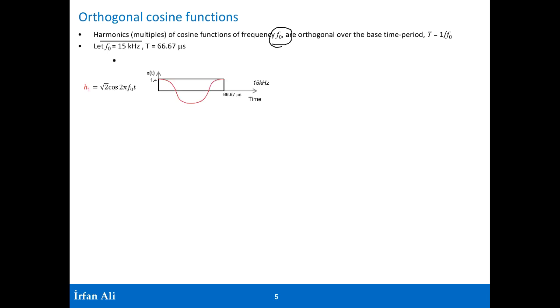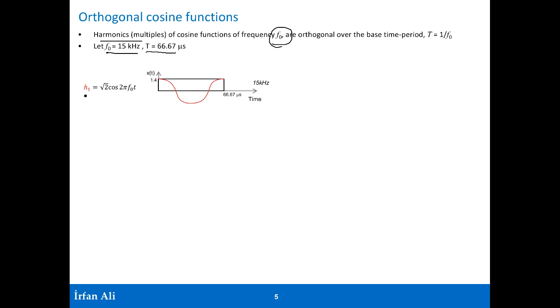Let's take a simple example of 15 kilohertz, which is not by accident, but is also the base frequency of each subcarrier in OFDM used for LTE. The time period of a 15 kilohertz signal, 1 over 15 kilohertz, is 66.67 microseconds.